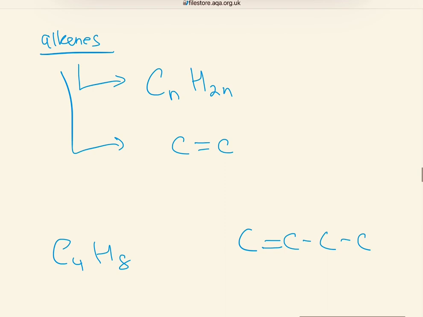Now, we said that each carbon can only have 4 bonds at a time. So this one on the right has 1, 2, 3, 4. The one in the middle already has 2, so I can add 2 more. The next one has 3, so I can add only 1 more.